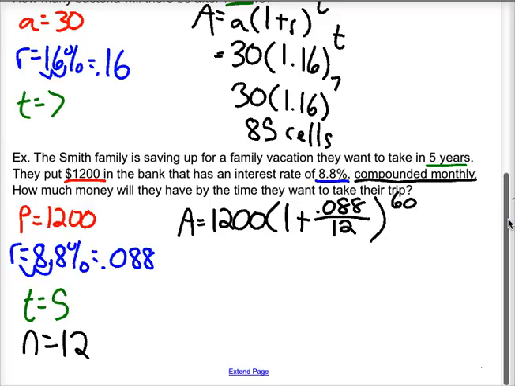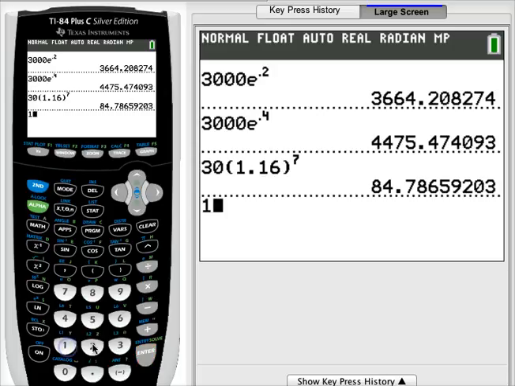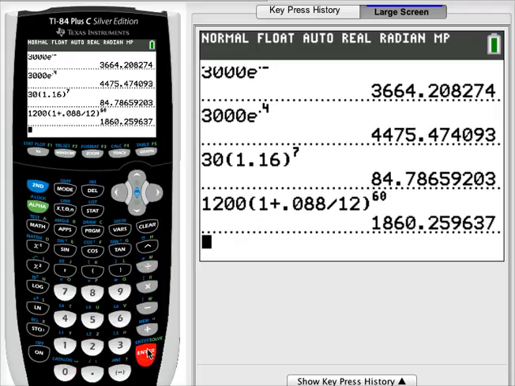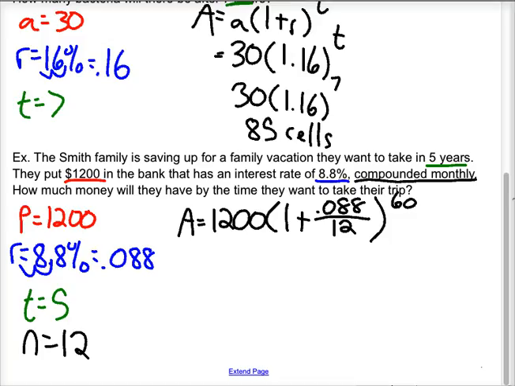So let's type that into our calculator: $1,200 times 1 plus 0.088 divided by 12, to the 60th power. So in 5 years, they're going to have $1,860.26. That's how much money they're going to have in the bank for their trip.